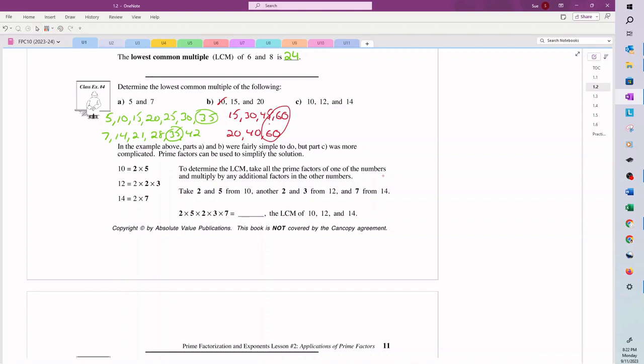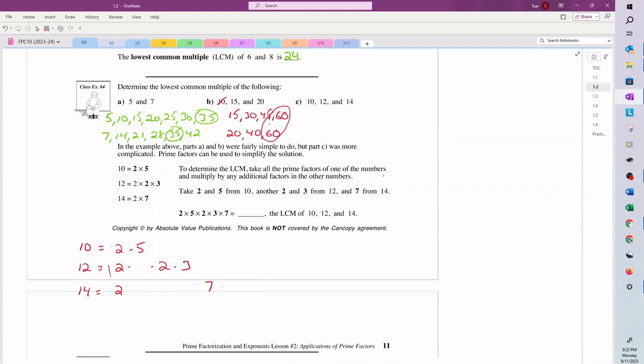Instead of writing the numbers like that, I'm going to say 10 equals 2 times 5, and 12 equals 2 times 2 times 3. So I'm going to put the 2 under there, and then I'm going to put the 2 and the 3 out here because we're looking for columns again like we did before. And then 14, I've got a 2, not a 5, not a 2, not a 3, but a 7.